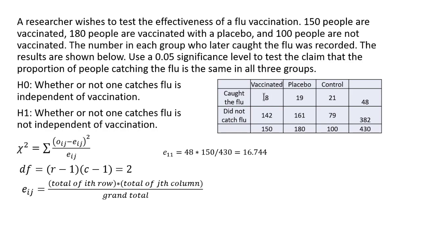But as you can see already, though you're expecting about 16.7 people to catch the flu, the vaccinated group only has 8 people catching it. So there's something going on here, right? It seems to reduce the percentage of getting the flu.